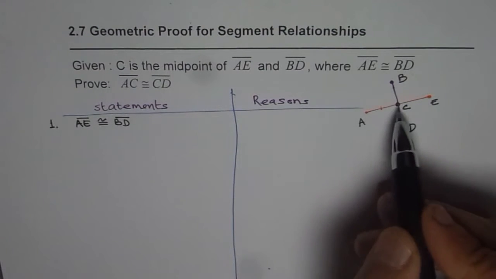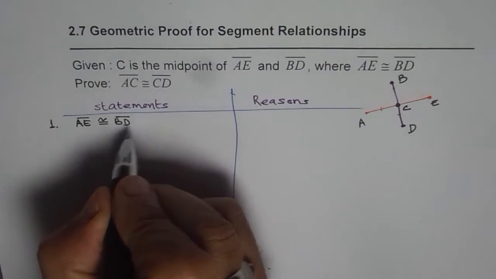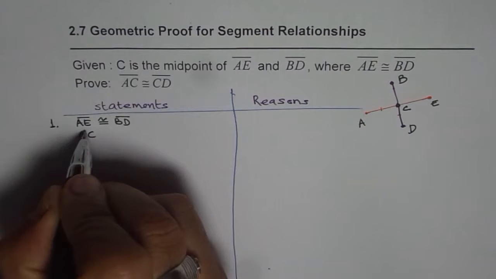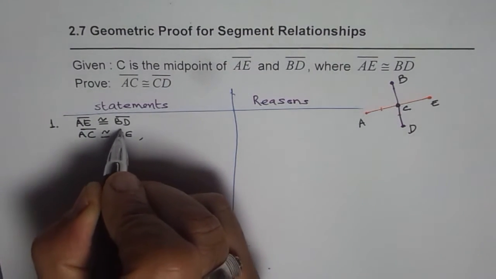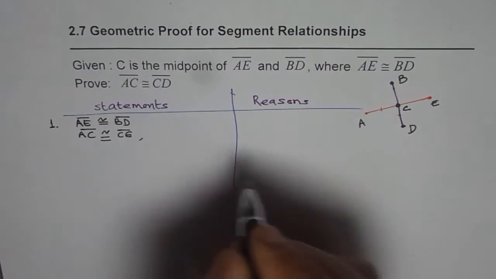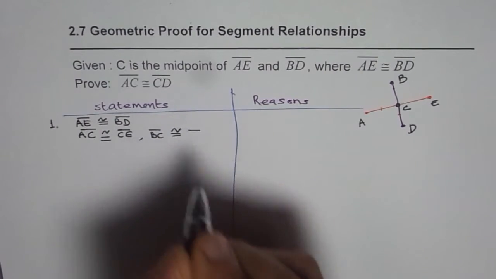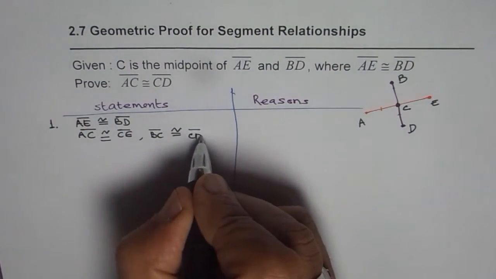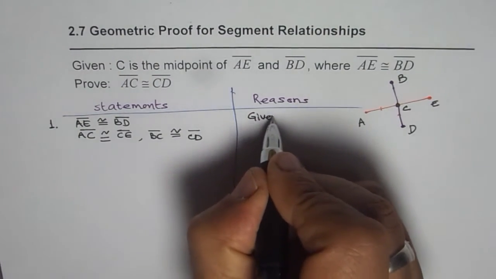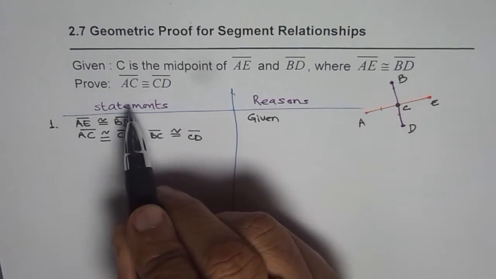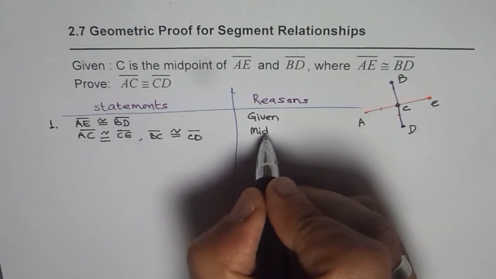If C is the midpoint for both of them, then it is given to us that AC is congruent to CE, and BC is congruent to CD. So this is what is given to us. And we have drawn this from the midpoint definition, right? So that is also from the midpoint definition.